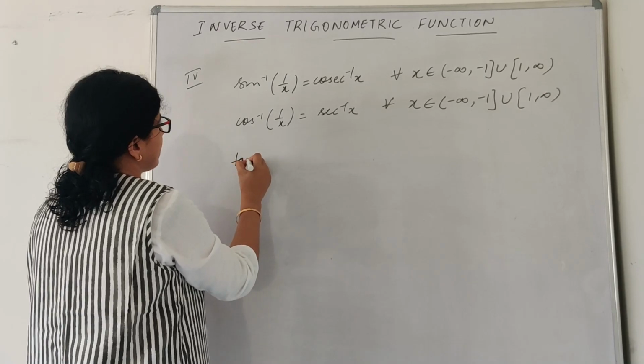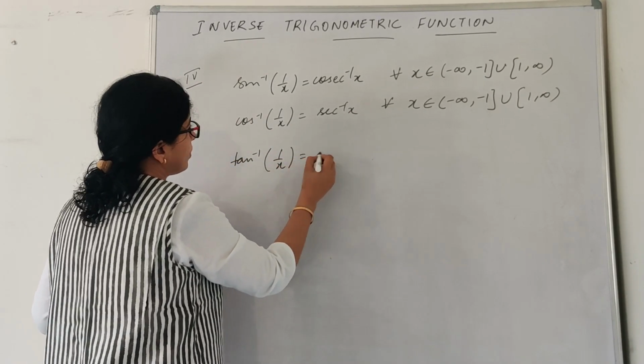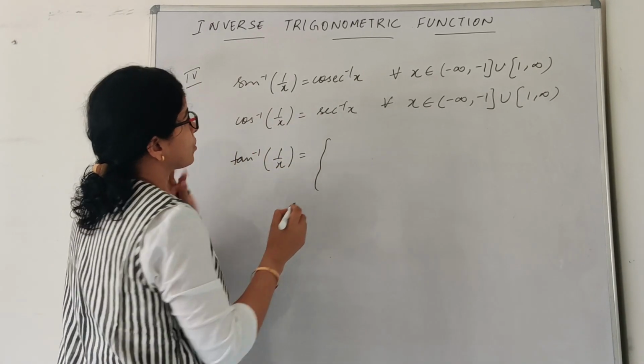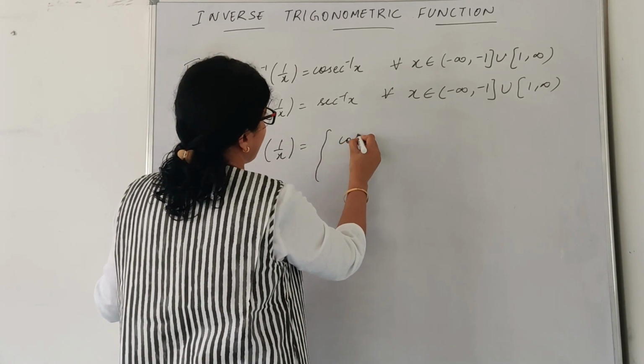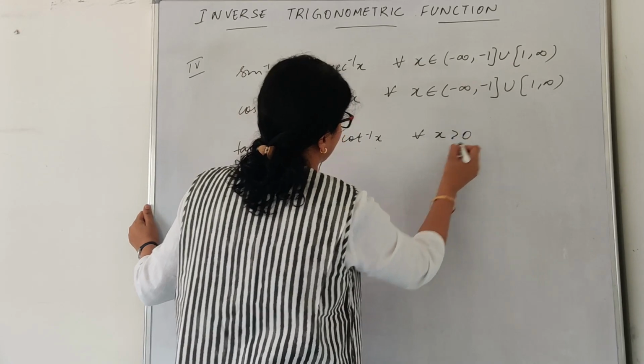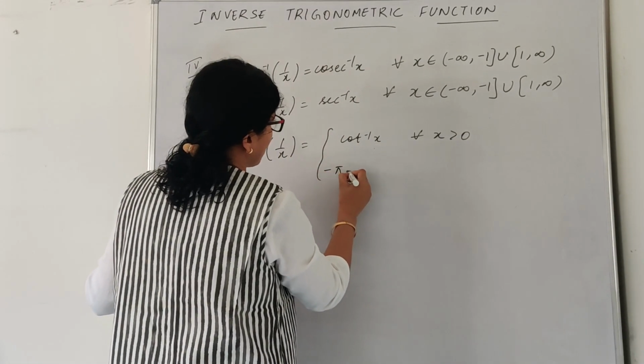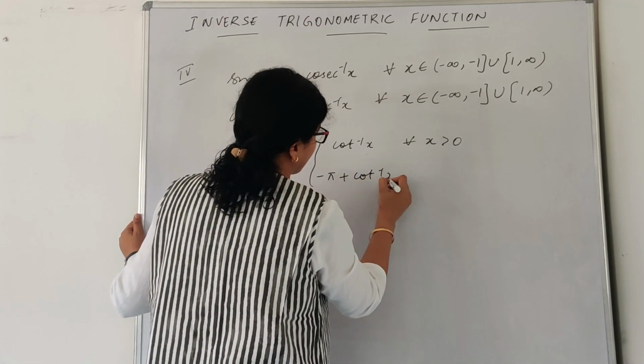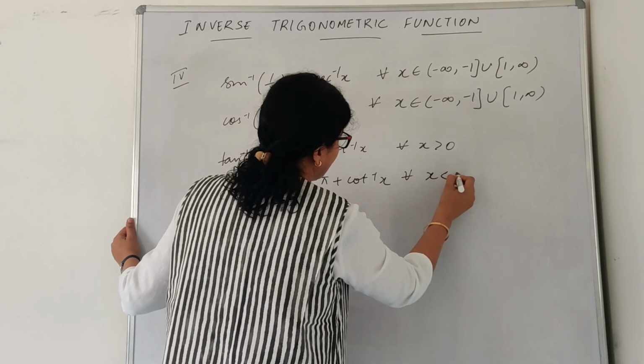Tan inverse 1 by x equals, now there are two cases over here. What are those two cases? It is equal to cot inverse x for all x greater than 0 and minus pi plus cot inverse x for all x less than 0.